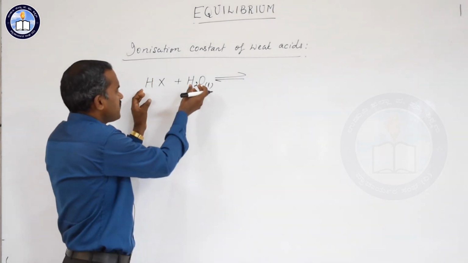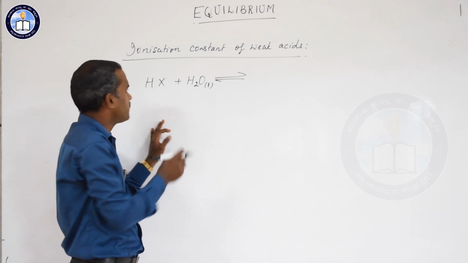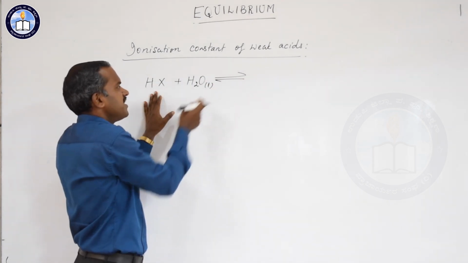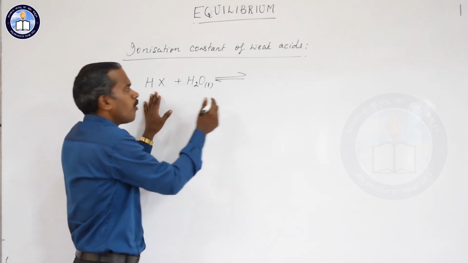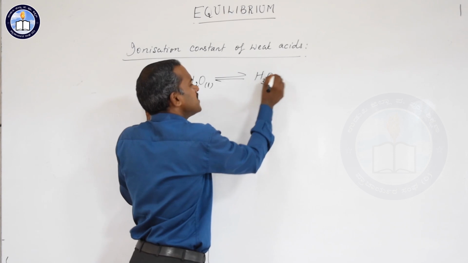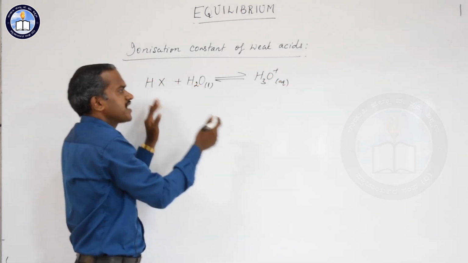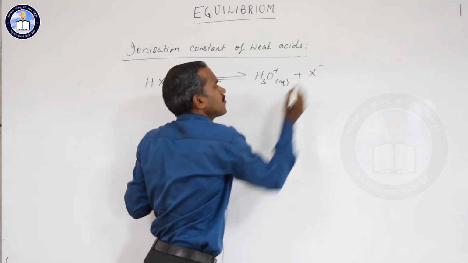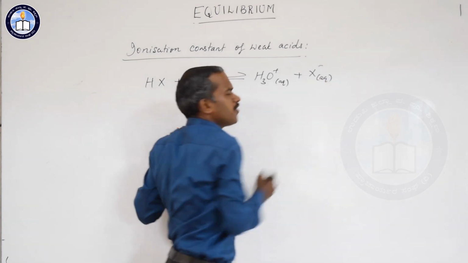So what happens is it will undergo ionization or dissociation in such a way that it forms H plus and X minus. That H plus is taken by H2O and it forms H3O plus, the hydronium ion, in the aqueous form, and the X minus gets separated, also in the aqueous form.